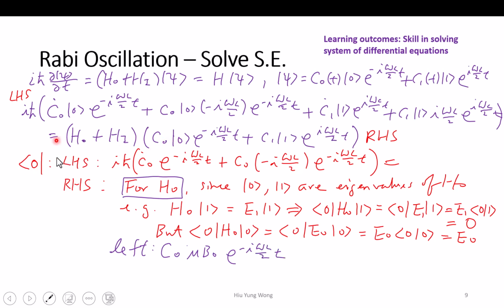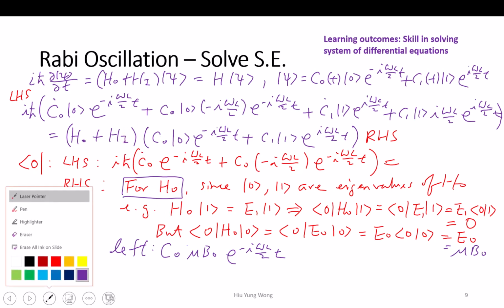So when I apply C0 to here, I will get the eigenvalue, which is mu B0, right, times this term. So that is for H0.